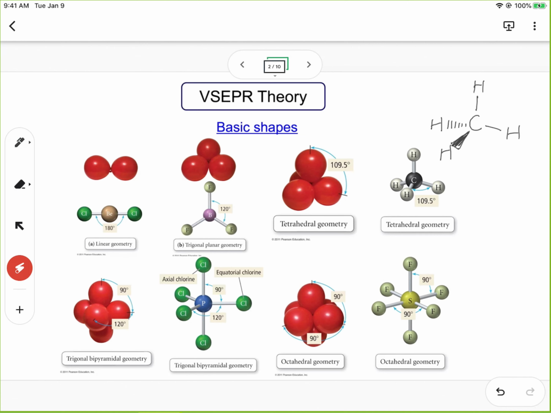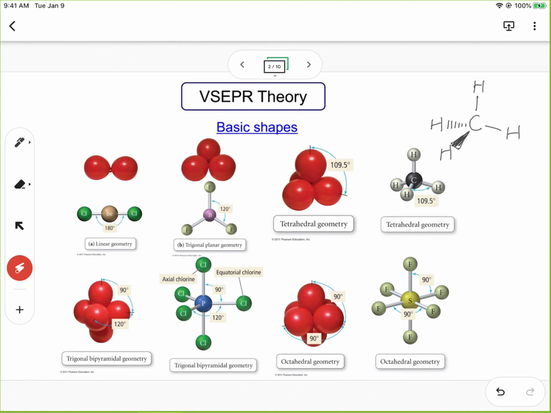How about 120? If you are talking about those 3 chlorines and this phosphorus center, these four atoms are in the same plane, like the BF3, trigonal planar geometry. And we said that this triangle plane is called the equatorial plane.